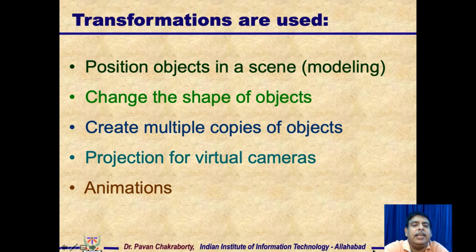Secondly, we can change the shape of the object. We can make it fatter, thinner, or enlarge it isotropically. We could rotate the object. We could also create multiple copies of the object. We could project the object for a virtual camera.